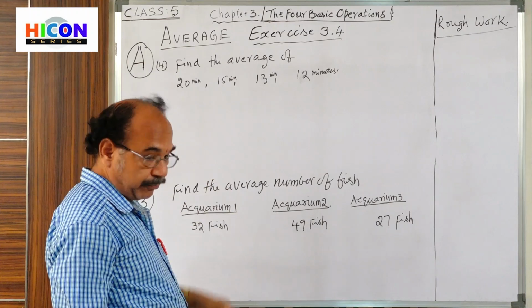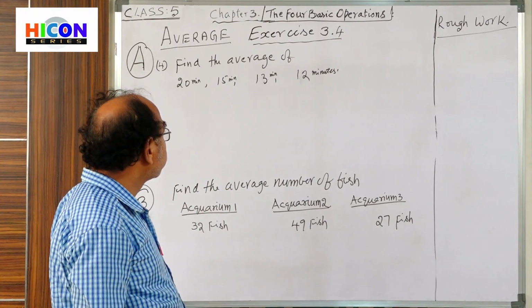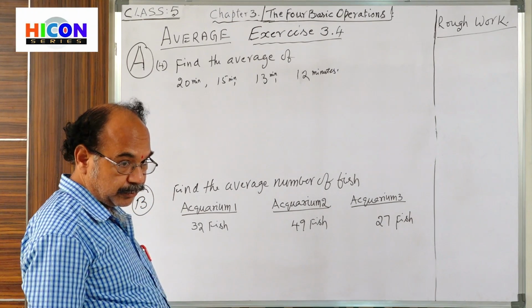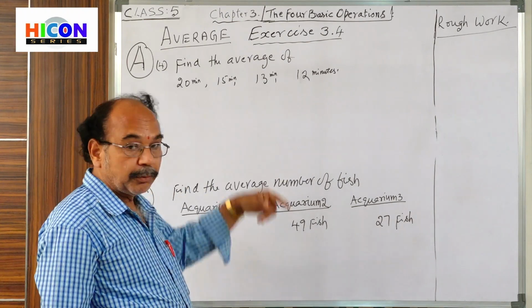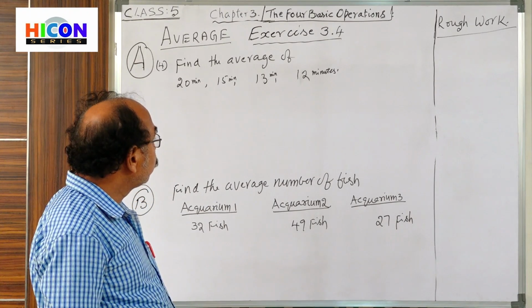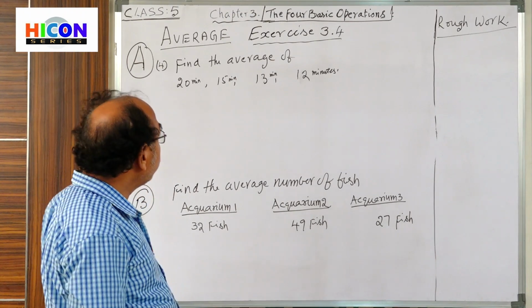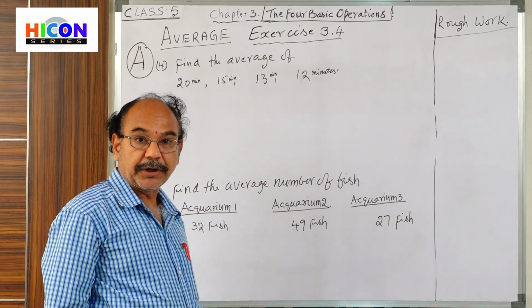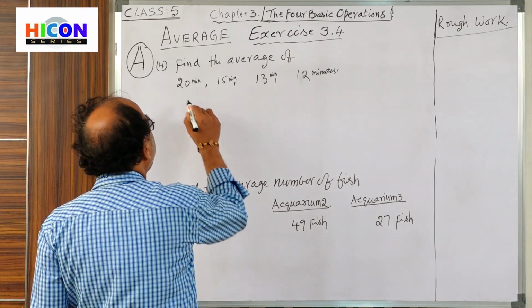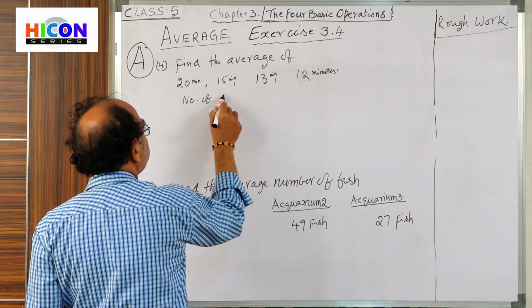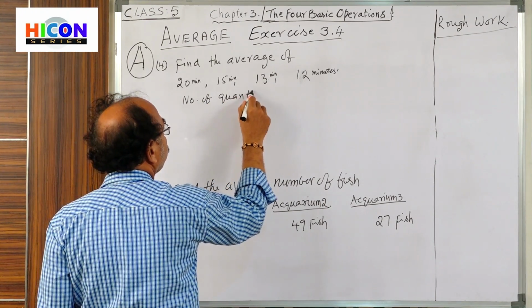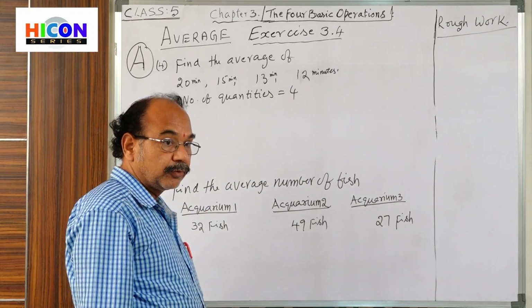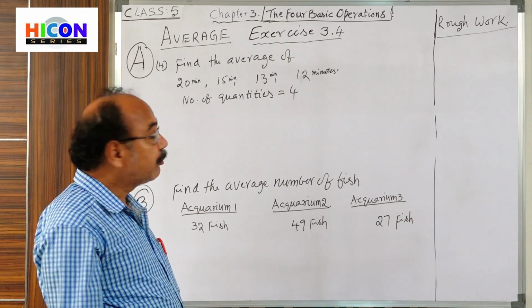Find the average of 20 minutes, 15 minutes, 13 minutes and 12 minutes. Okay. Here 4 numbers are given. The 4 numbers are in minutes. How many quantities are there? 1, 2, 3, 4. 4 quantities are there here. So, the number of quantities is 4. Now, find the sum of the 4 quantities.